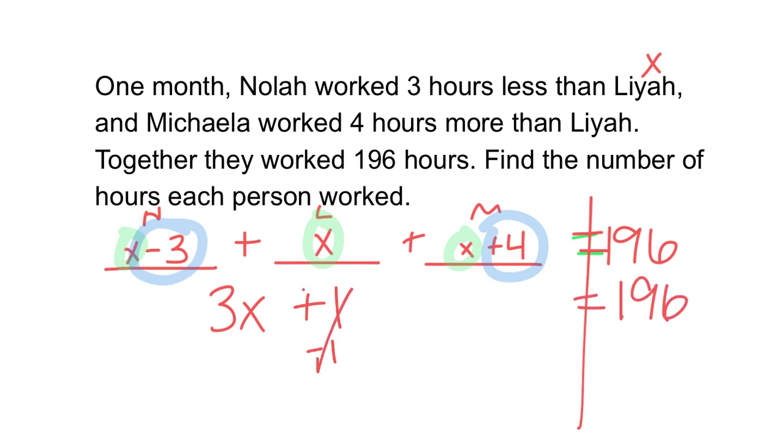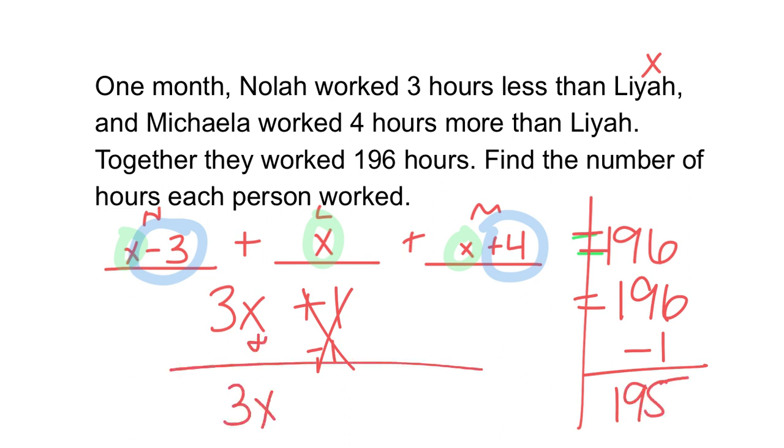So I'll subtract the 1. Divide by 3. So X is going to equal 65. So if you remember, we said X was Leah by herself. So Leah has 65 hours.